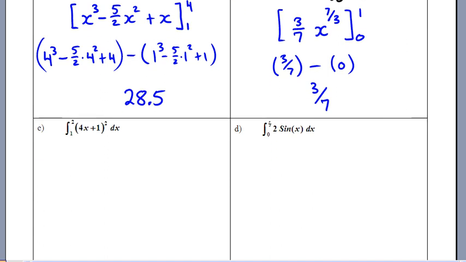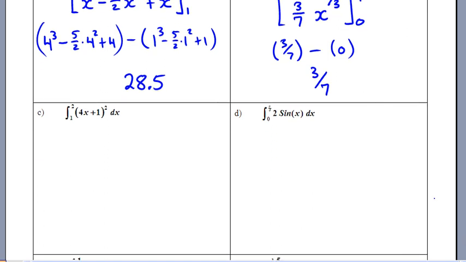Now this one here, there really isn't a nice product rule for these things. So my advice would be simplify. Whenever you can, you want to simplify. So I'm going to rewrite their question. This is actually 16x squared plus an 8x plus a 1 dx.